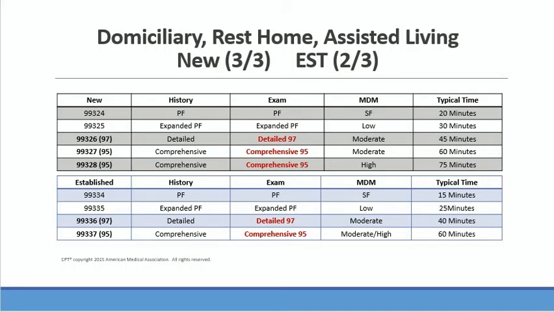In a domiciliary or assisted living setting, we could reach 99236 for a new patient and 99336 for an established patient under the 97 guidelines. Under the 1995 guidelines, we have enough exam findings to support either 99327 or 99328 for new patient codes and 99337 for an established patient.